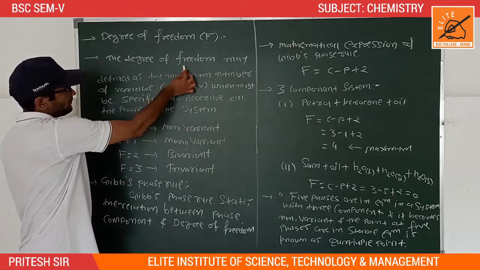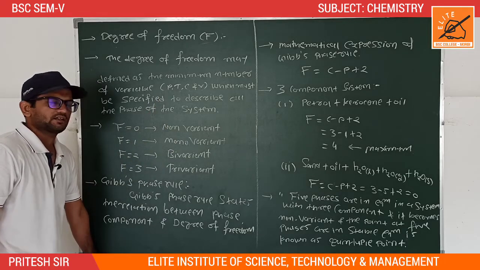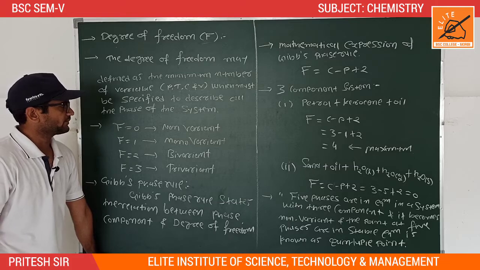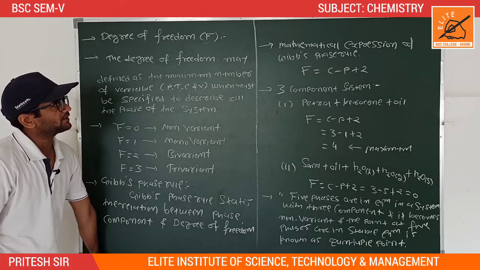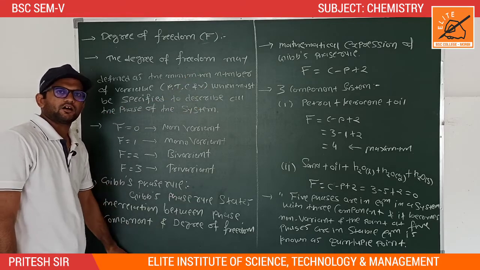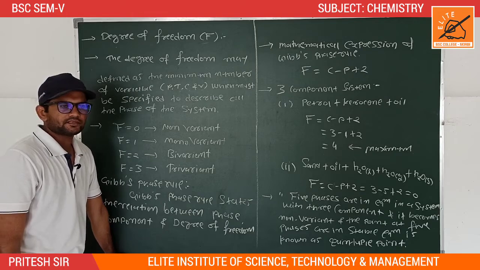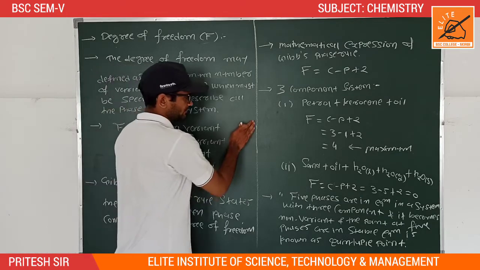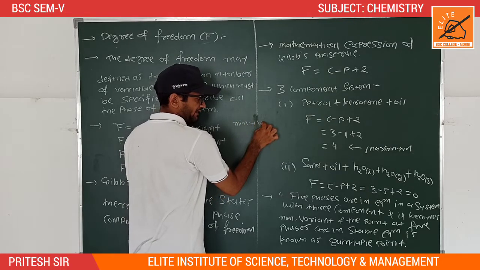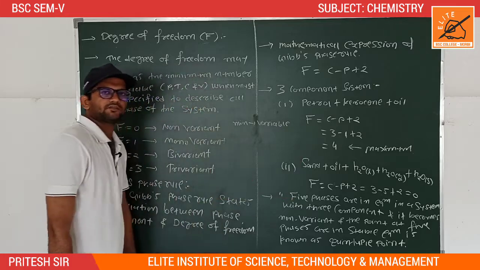The degree of freedom may be defined as the minimum number of variables which must be specified to describe all the phases of the system. Degree of freedom means how many minimum number of variables are required to describe all the phases of the system.